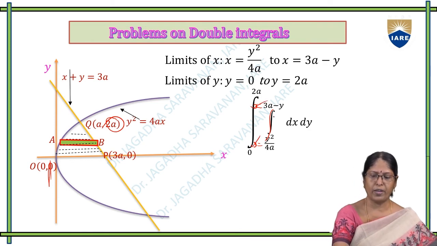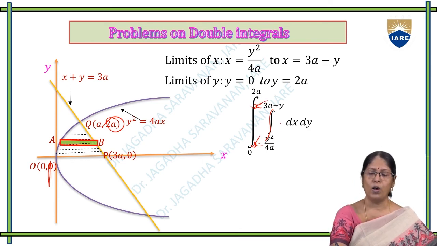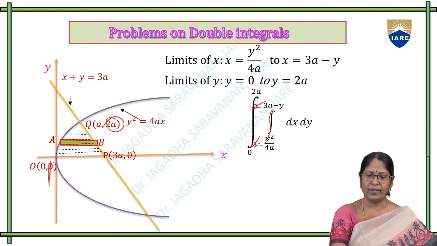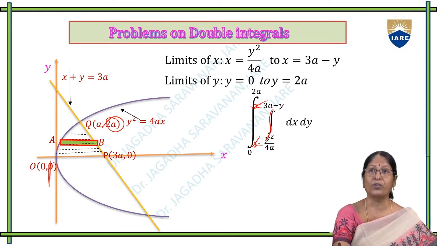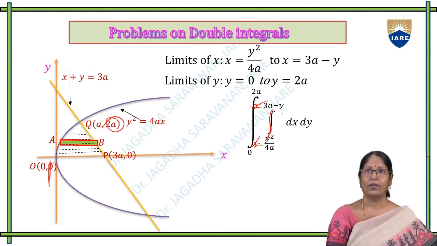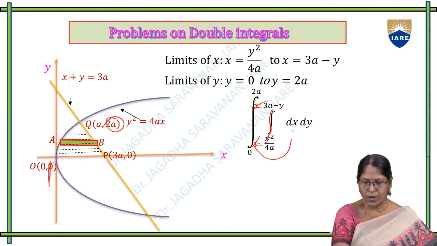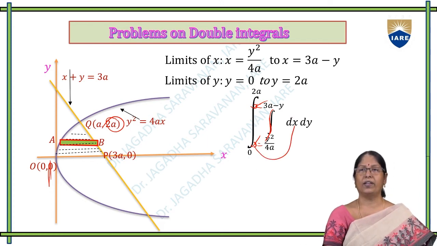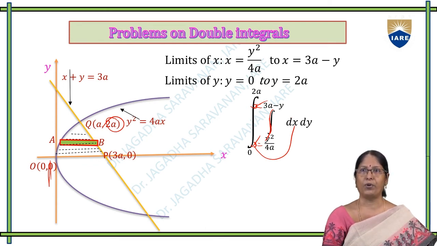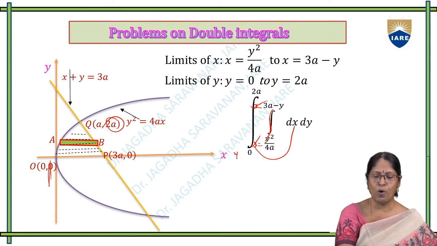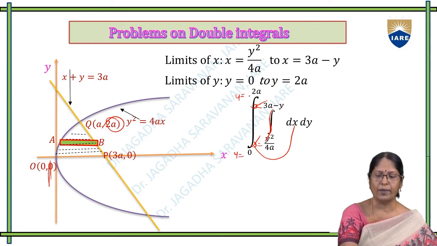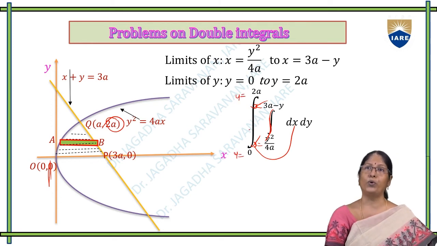The x variable depends on y variable. That is, the integral is a function of y for x. That is the reason we are doing the interior integration with respect to x. Compulsory we have to do it. The outermost one for y, that is from 0 to 2a.